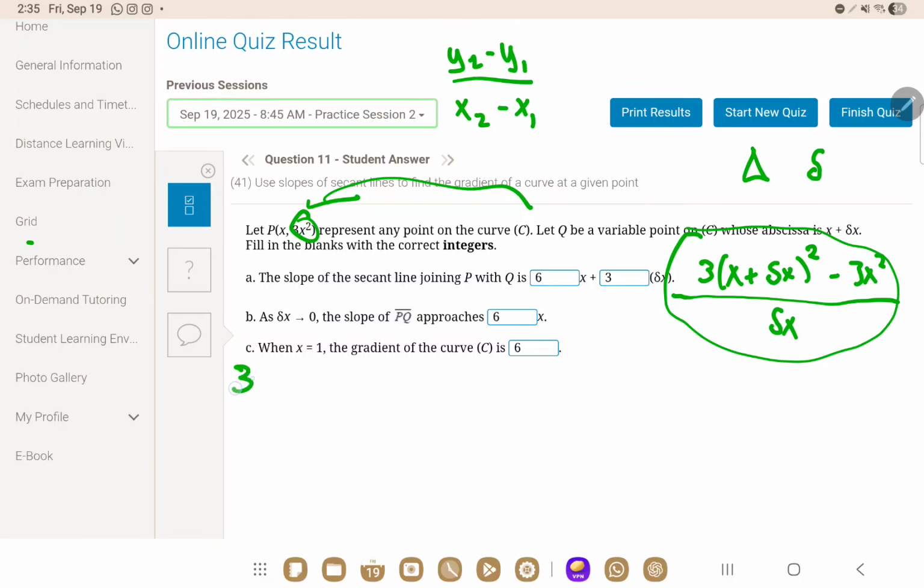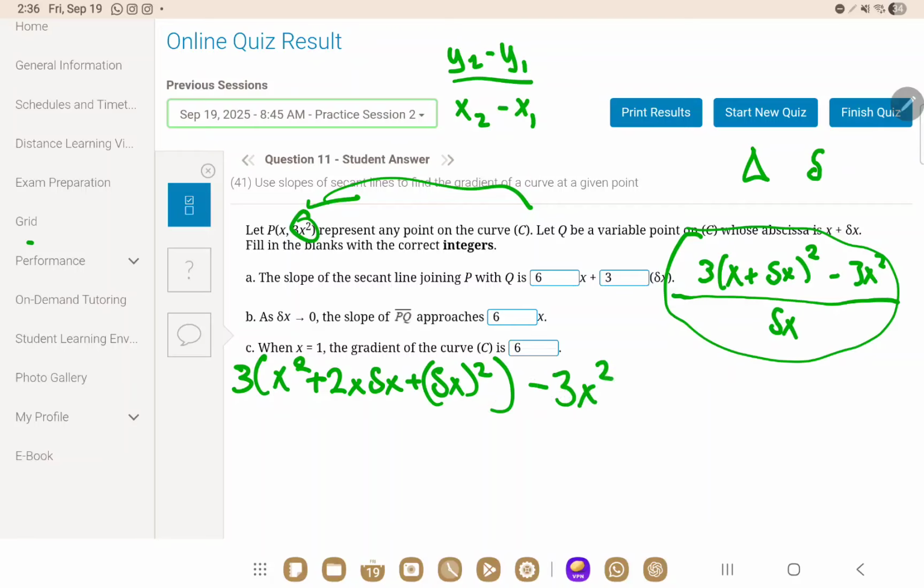Now we expand: (a plus b) squared equals a squared plus 2ab plus b squared. That's what I'm doing here. So 3 times x squared plus 2x delta x plus delta x squared, minus 3x squared.